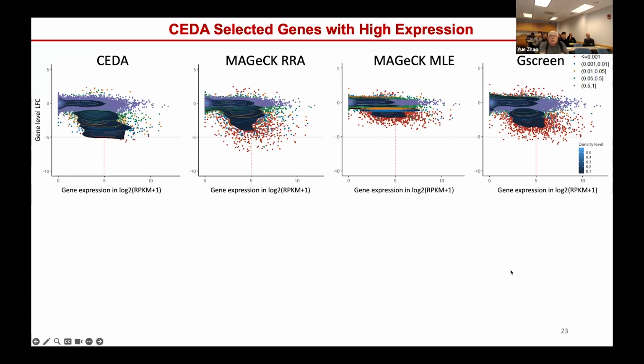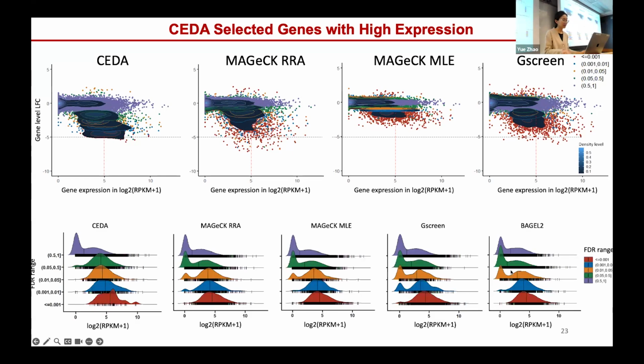The purple and the green are the FDR greater than 0.05, and the other 3 colors represent the selected genes, FDR less than 0.05. And they have pretty good separation in the effect size.